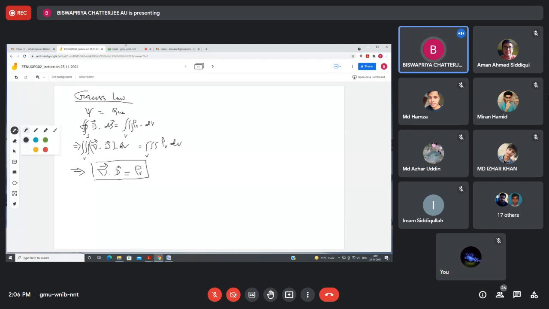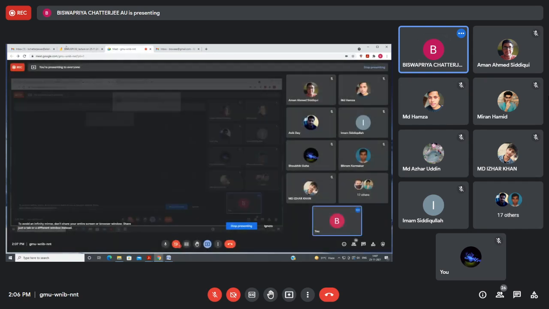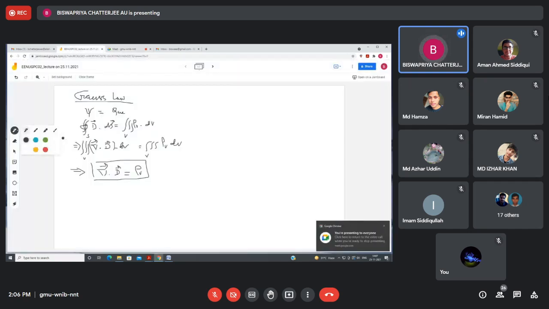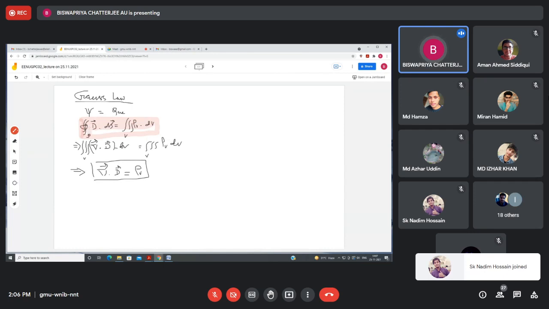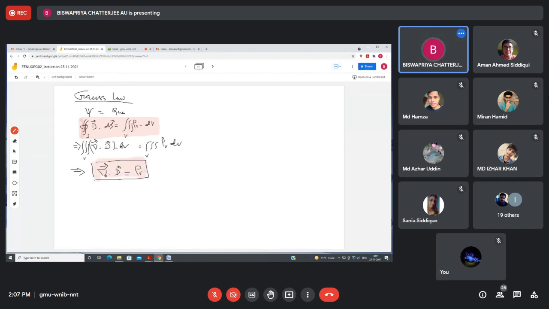This form of equation is called the integral form of Gauss's law, and this is called the differential form of Gauss's law.